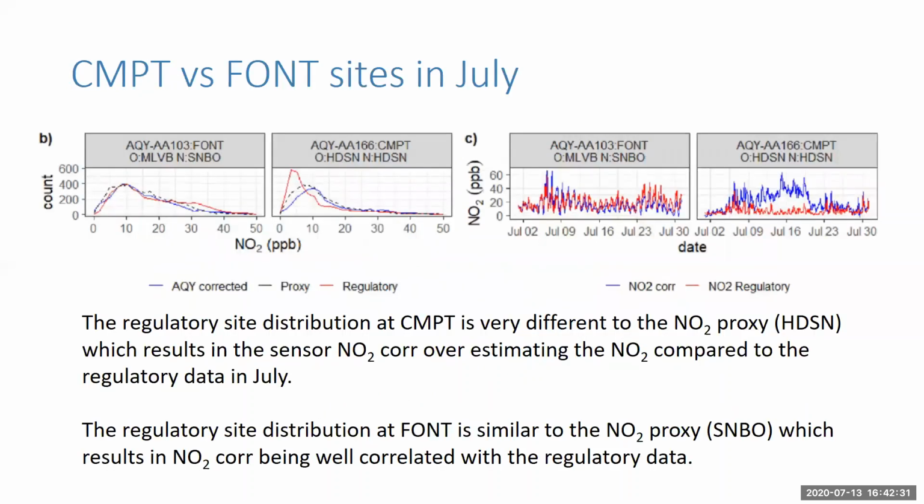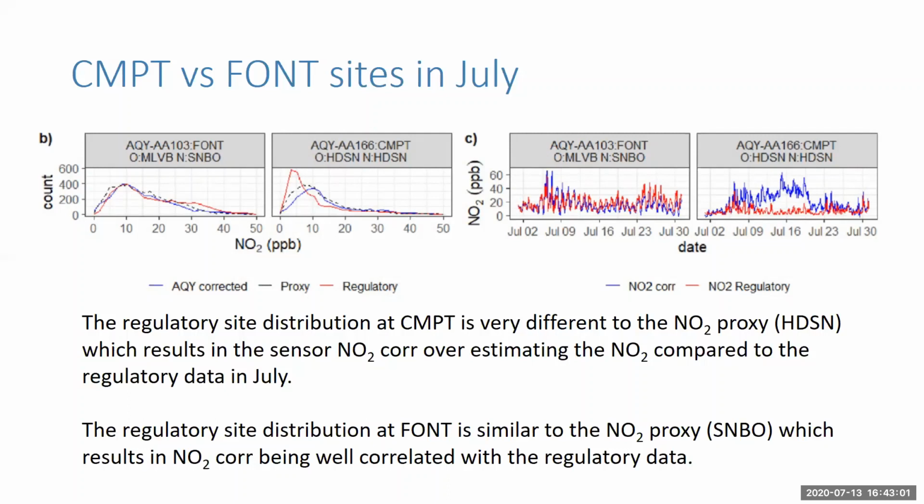I'm showing 2 different graphs here. On the left-hand side are the site distributions at Compton versus Fontana, and on the right-hand side you can see the time series data for the 2 sites. And what's clear is that the regulatory site distribution at Compton is very different to its NO2 proxy at Hudson, which results in the sensor NO2 correction overestimating the NO2 compared to the regulatory data in July.